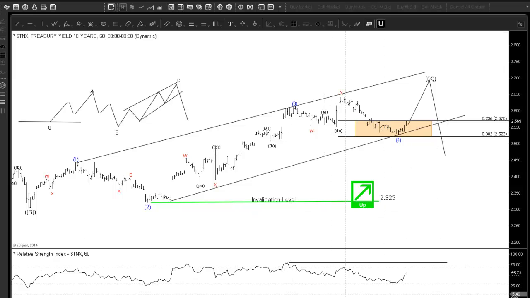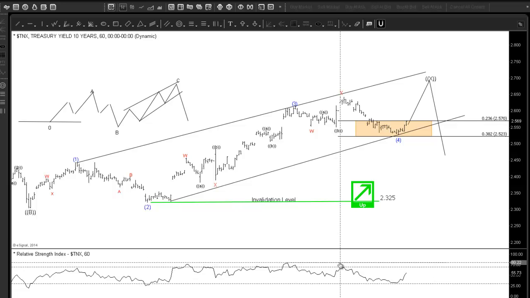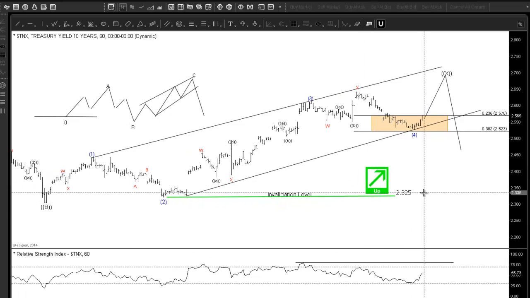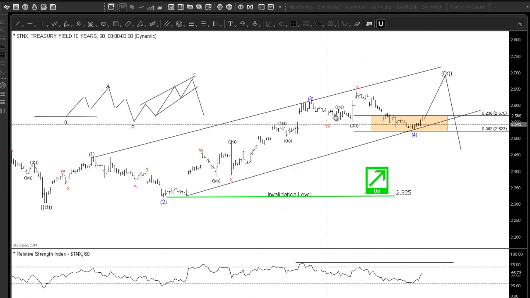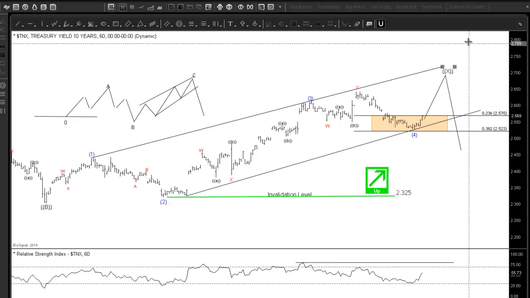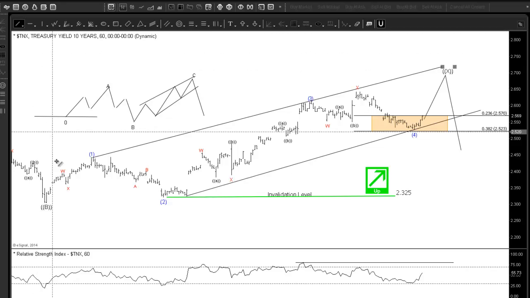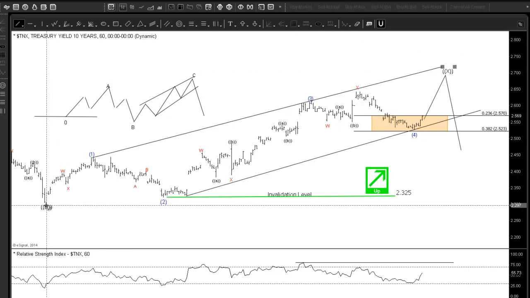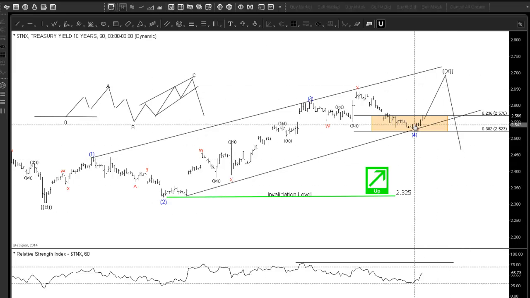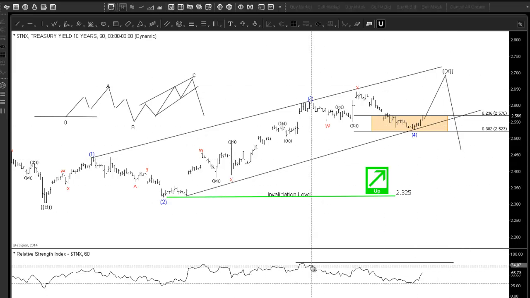You could draw a horizontal line here, and you would not want your RSI reading to get above this level, because otherwise the RSI divergence would get erased, and this would no longer be a five swing diagonal. It would then become the connector, and it could do a 6 and a 7, or it will just simply become a triple corrective move up from this low, like a W, X, Y, X, and Z, but it will not be a five swing diagonal, which is valid as far as this RSI divergence stays intact here.